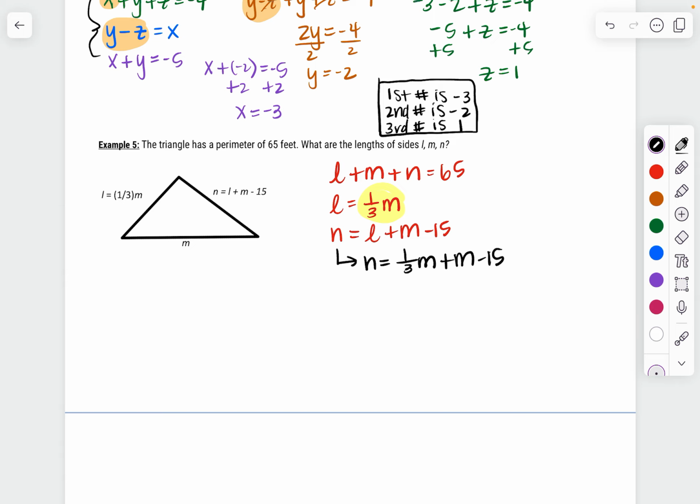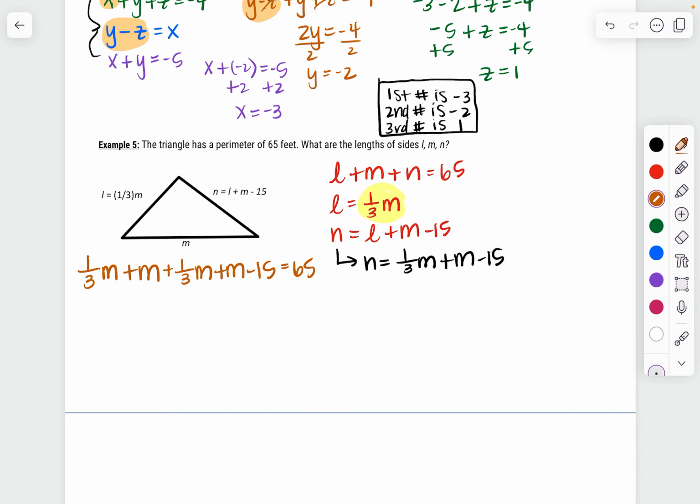So I'm going to substitute into the first equation. So L is 1/3 M. So I'm going to have 1/3 M. M is just M itself, so I'm going to leave that alone. N is 1/3 M plus M minus 15. And we know all together this is 65.